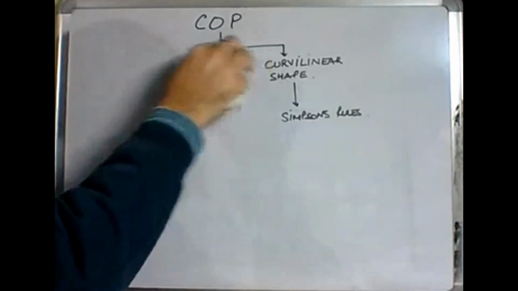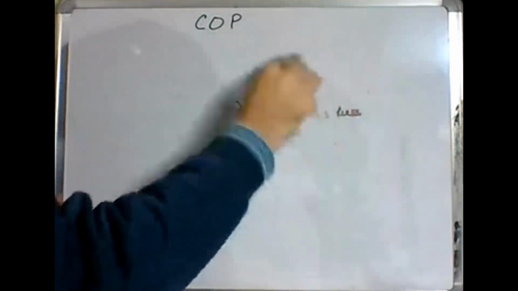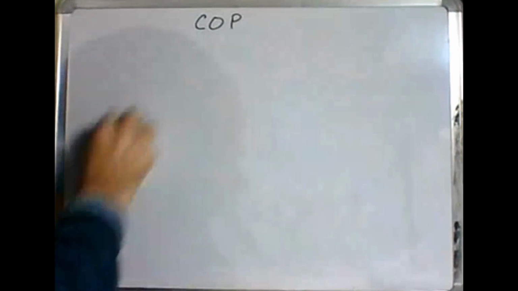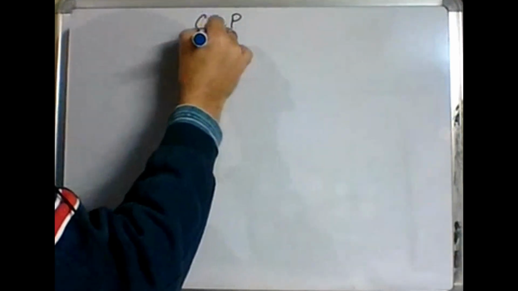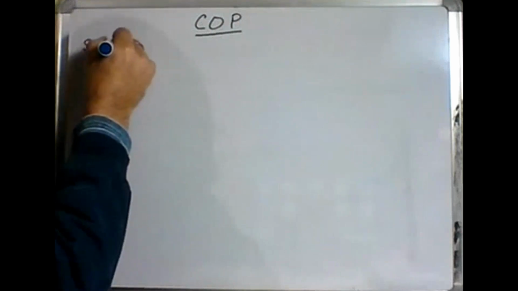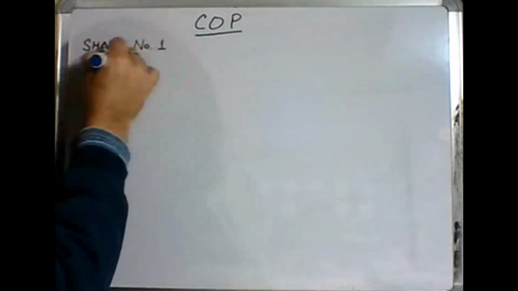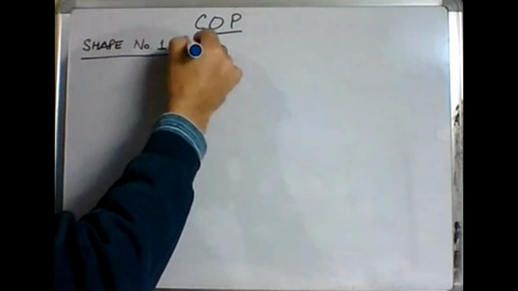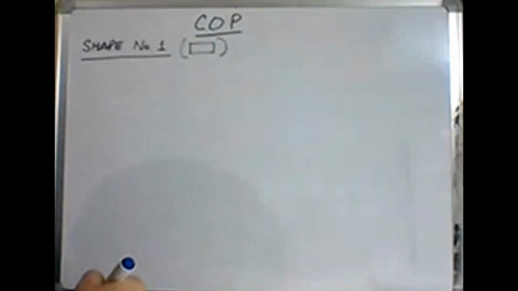So shape number one, and that is a rectangle.